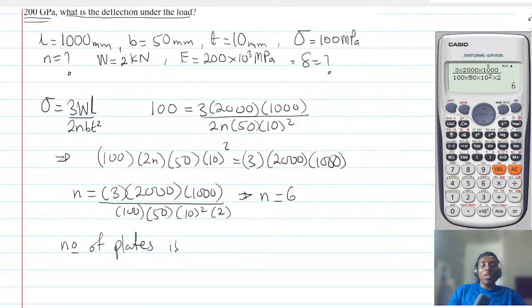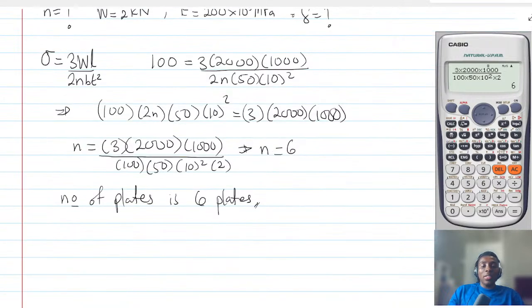So the number of plates is 6 plates. And then we have been asked to calculate the deflection. What is the deflection formula? Simply straightforward. Without wasting much time, we know the deflection under the load. There are two ways. You can either solve using the stress and the Young's modulus, or you can use the load.